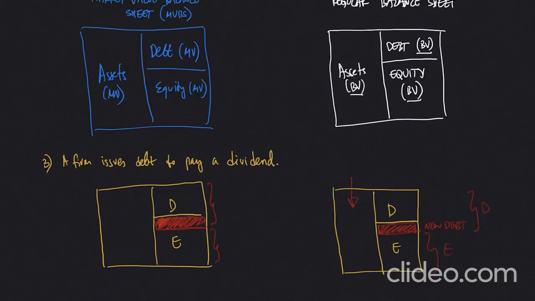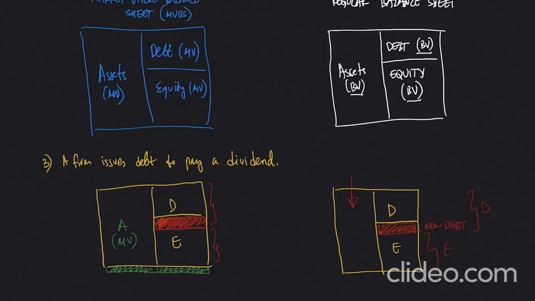Suppose that investors positively interpret this information, and as a result, the market value of equity increases by this much. This increase in the value of equity has to be reflected on the left-hand side of this market value balance sheet as well, and therefore the market value of assets has to increase by this much as well.